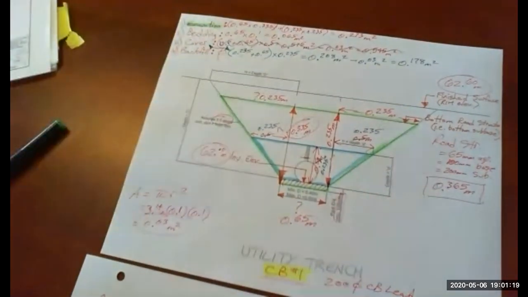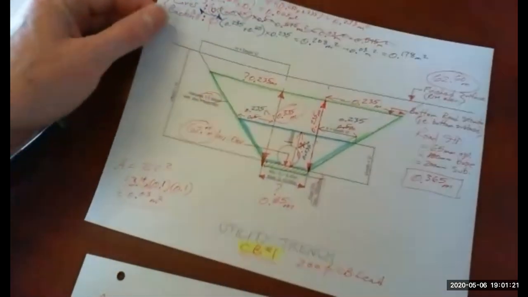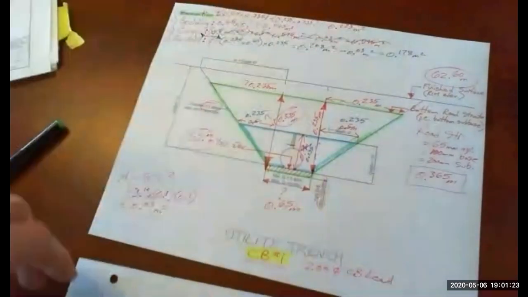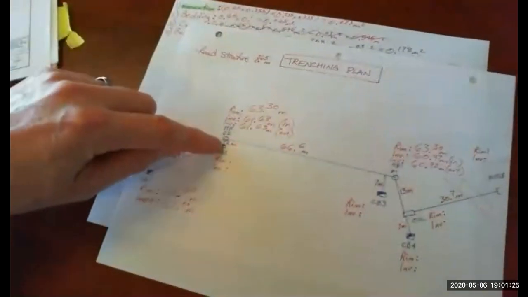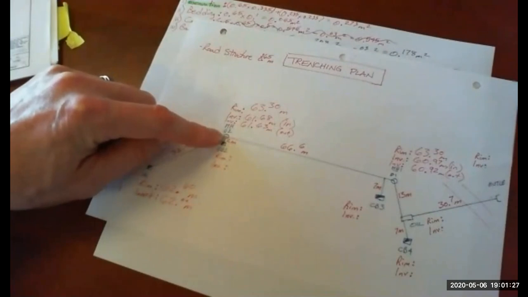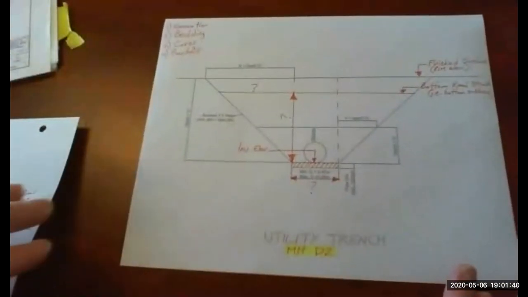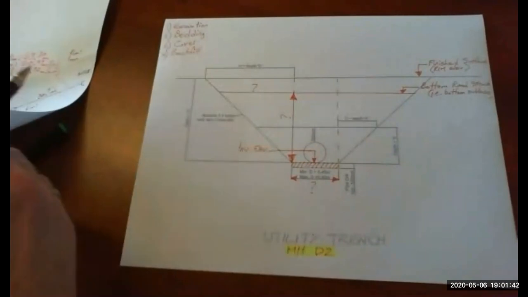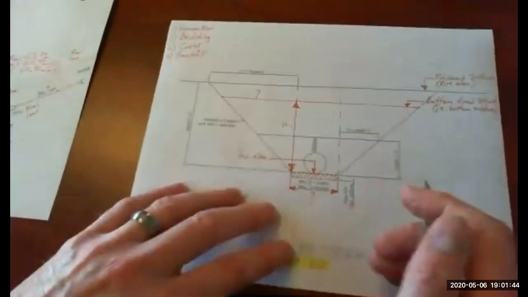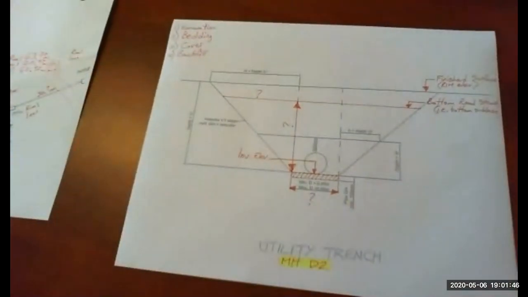Okay, so we'll do the same sorts of calculations at manhole 2. So we'll work up some end areas there. So let's do that next. So here's manhole 2. My red pen out.